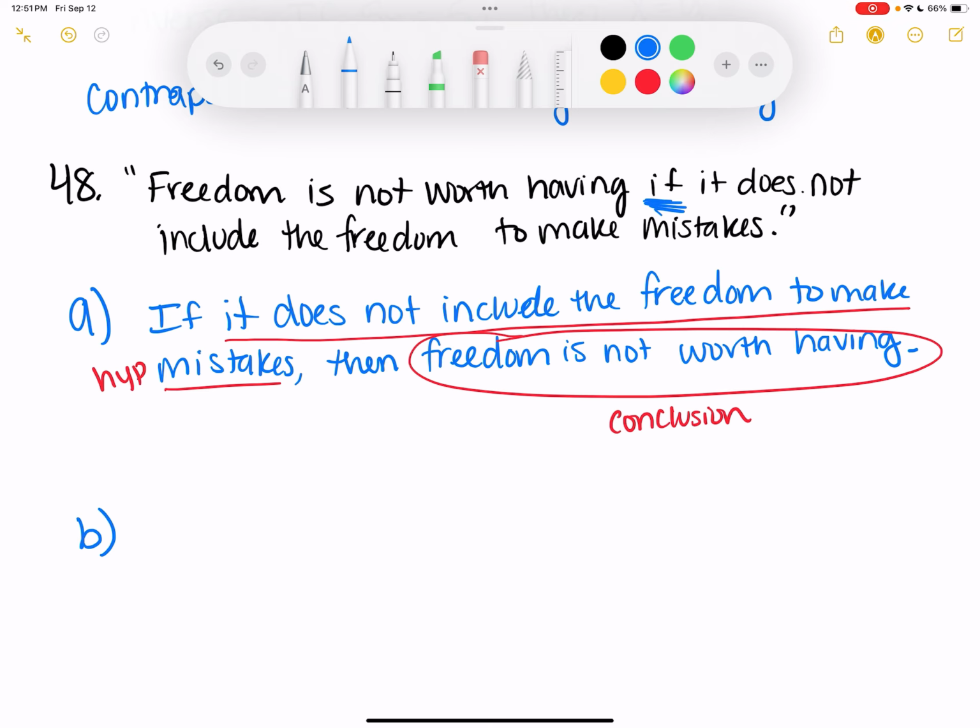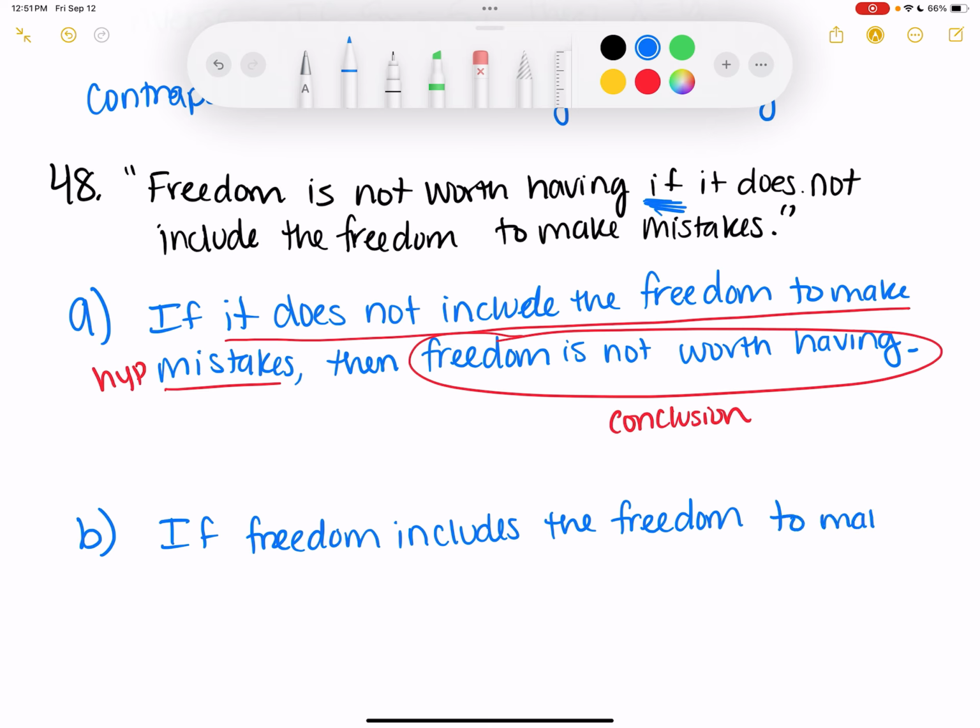So, if freedom includes the freedom to make mistakes, then it is worth having. I just think it sounds better to say if freedom includes the freedom to make mistakes than if it includes the freedom to make mistakes.